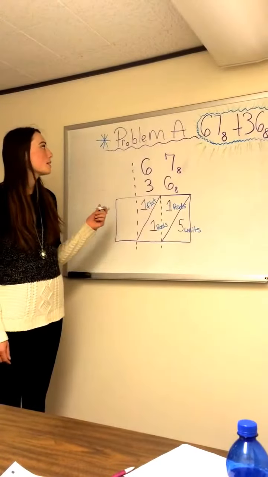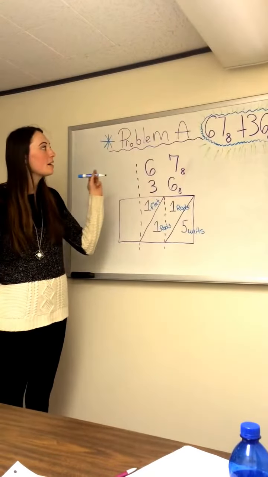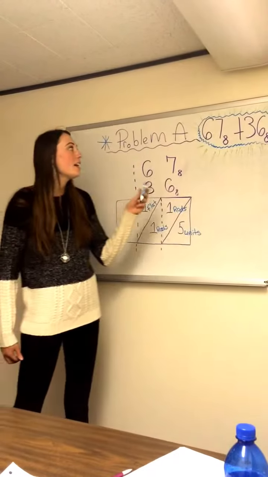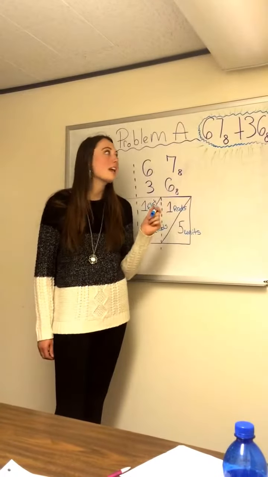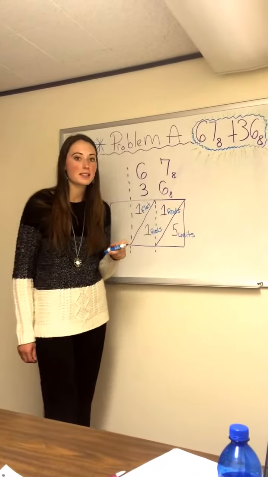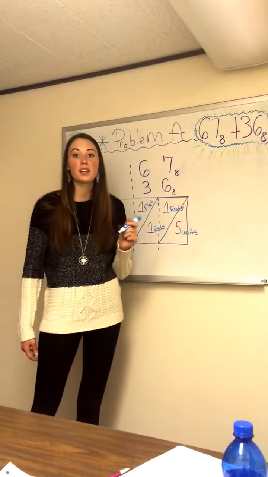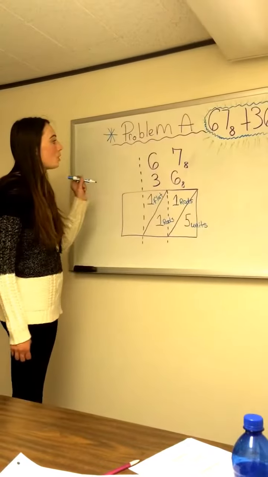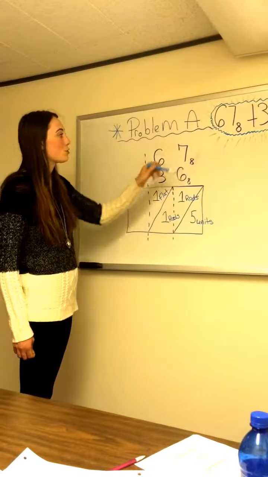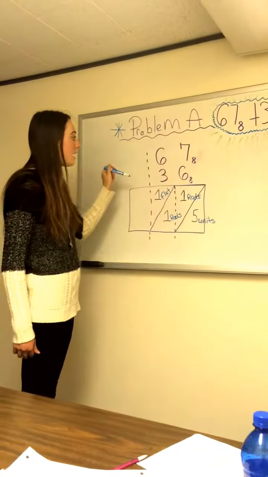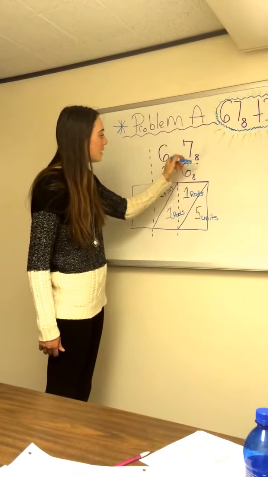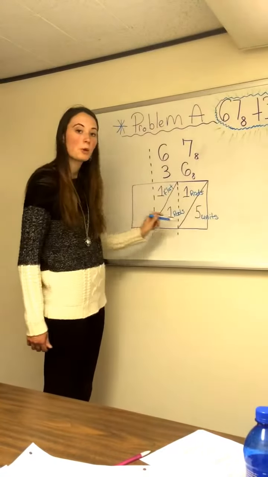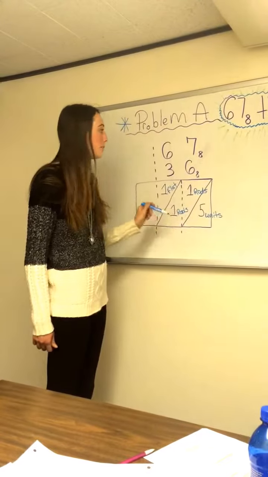All right, for this problem, problem A, we will be adding 67 base 8 plus 36 base 8. And we're going to be using the lattice strategy. So we'll set it up in a traditional algorithm, and that way we'll be adding down. At the bottom is where the lattice plays in.